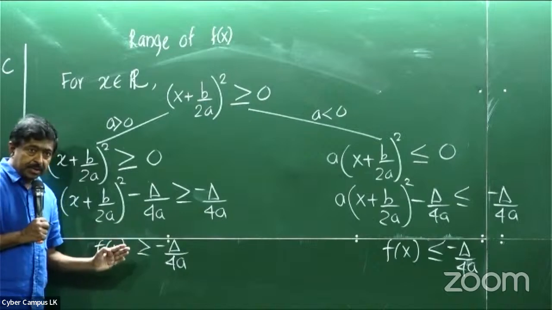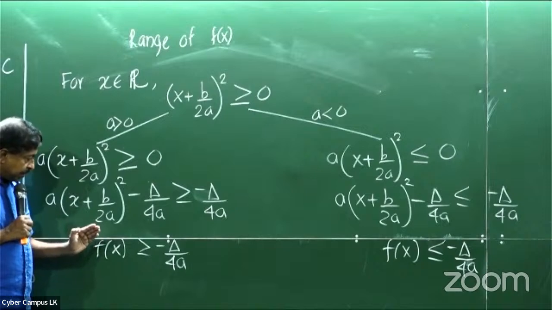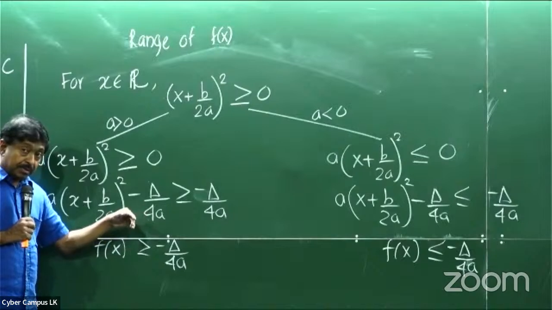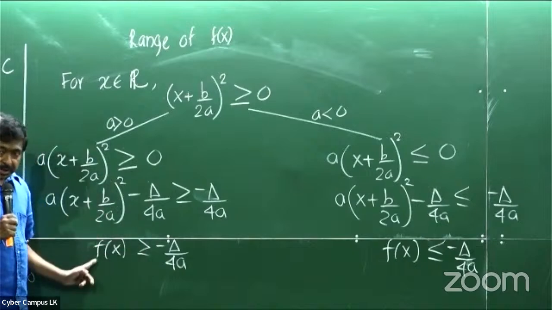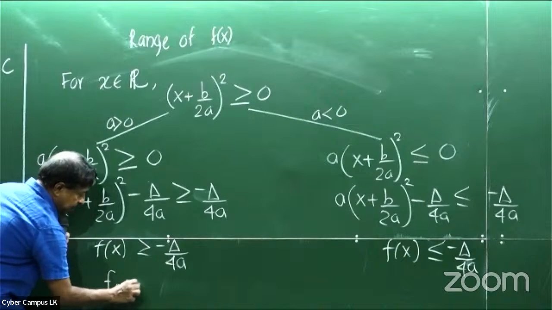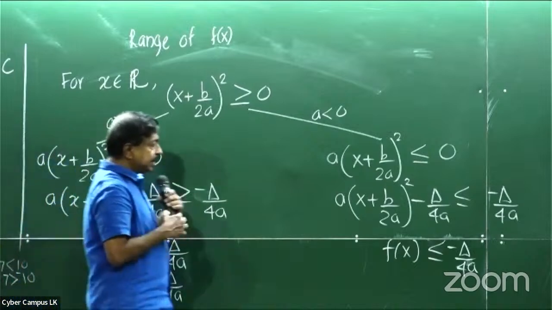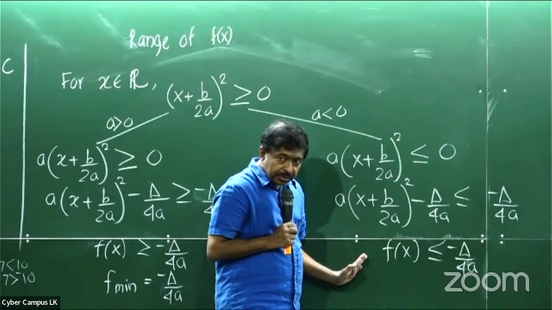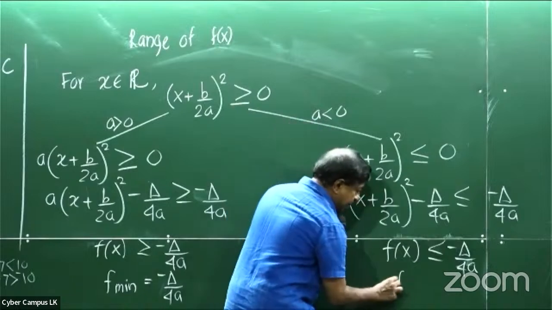Because fx is greater than or equal to 100, that means fx can attain all the values greater than or equal to 100, and the smallest value it can attain is 100. So f min is this one, right? That's the minimum value. Similarly, in this case, fx is always less than or equal to this one. So the maximum value fx can attain is this, so it is f max.